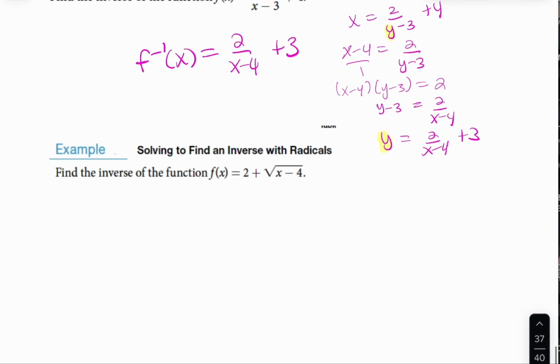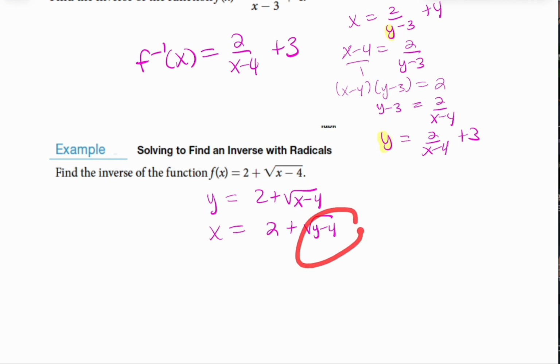Let's take a look at this one. So let's make it y notation. Let's flip-flop the x and the y. And then we've got to get this by itself.